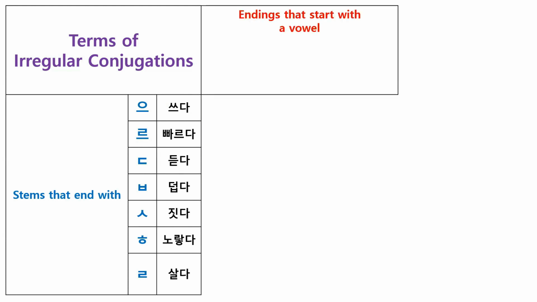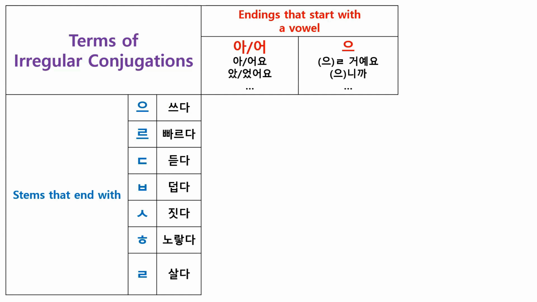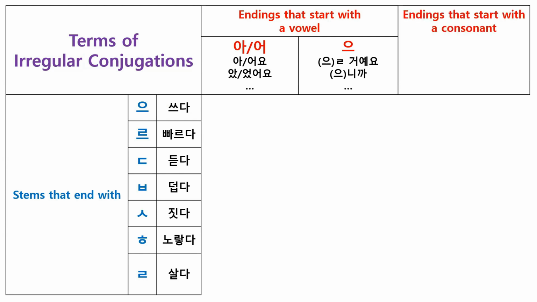And endings that start with a vowel. There are two different types of endings that start with a vowel in Korean, which is 아/어 and 으. And endings that start with a consonant, any kind of consonant like 기역, 니은, 디귿, and so on.